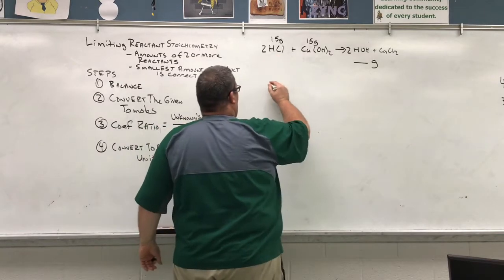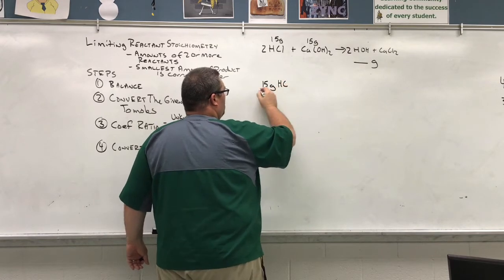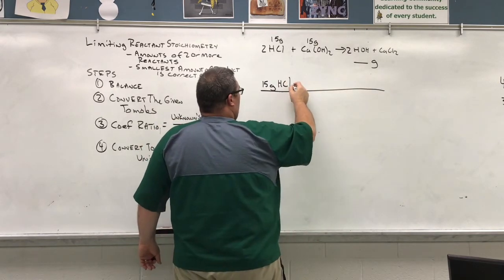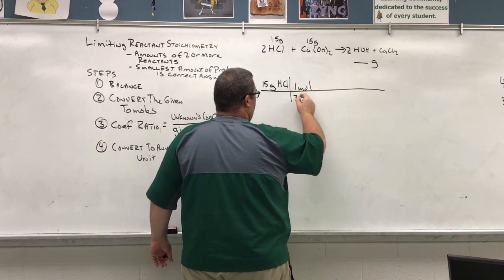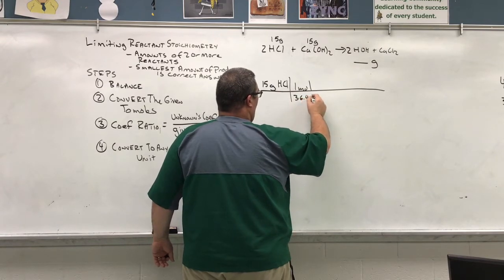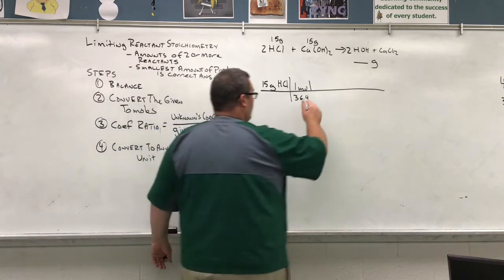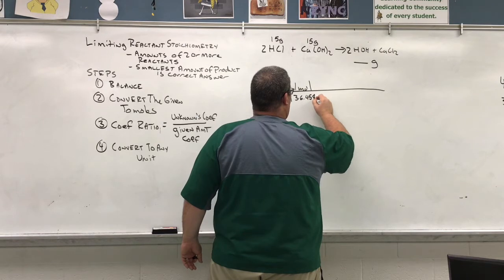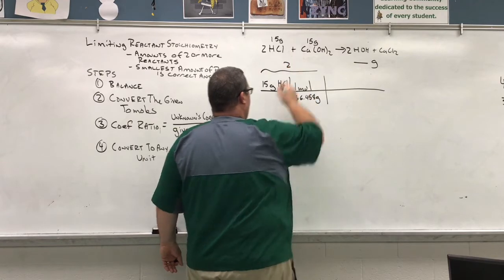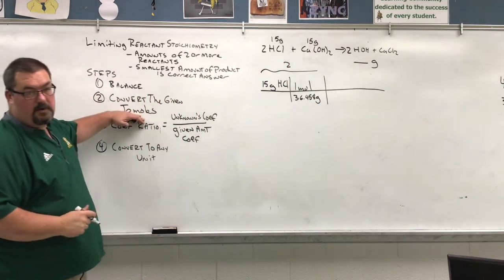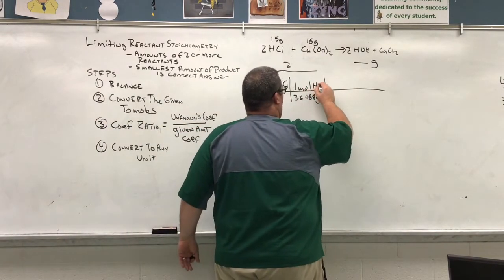Step 2, we need to convert our given amount to moles. So we have 15 grams of HCl, and 1 mole of HCl is 36.458 grams. I've got it written down here on my paper. So this much is step 2 in our stoichiometry problem. We convert to moles. Then we use our coefficient ratio, and this is moles of HCl here.